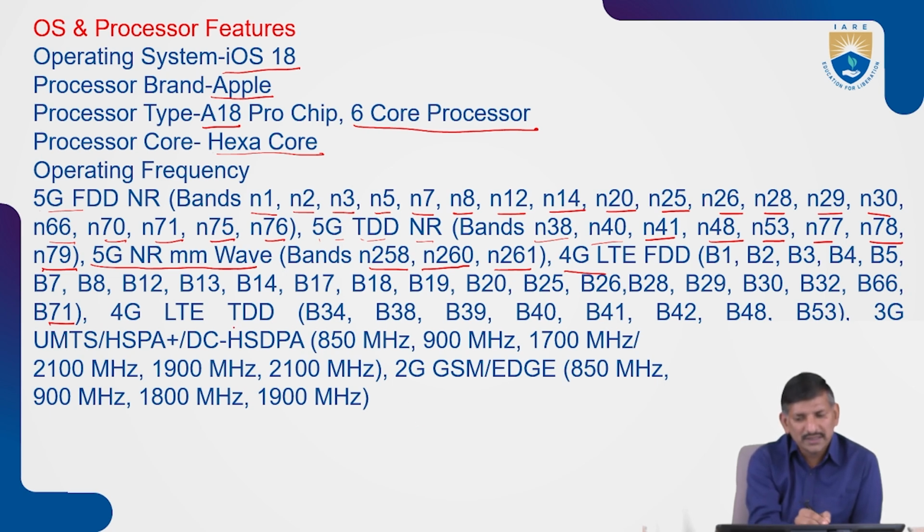Similarly, TDD 4G LTE, Long-Term Evolution, TDD band 34 to band 53. Again, it supports 3G, with band range 850 MHz, 900 MHz, 1700 MHz. Like that, for 2G it supports GSM, EDGE, 850 MHz, 900 MHz, 1800 MHz.